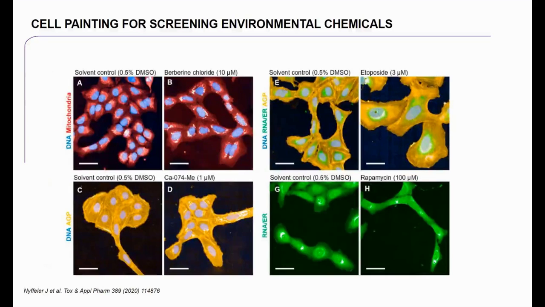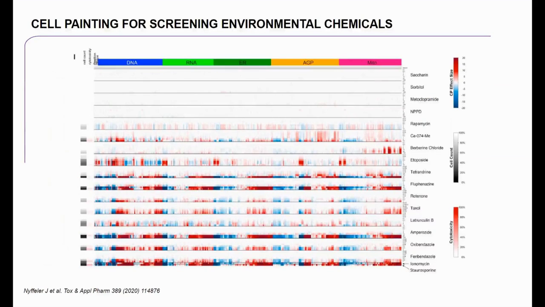Here are some examples, the various different channels that were being used, and with compounds that give strong phenotypes in those particular channels. And then here we see some non-toxic compounds and then some toxic compounds.